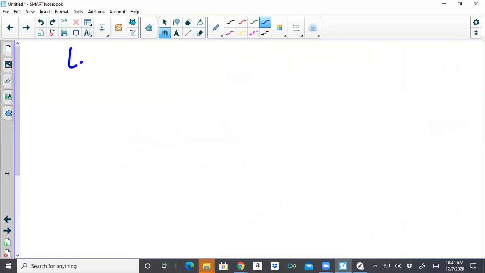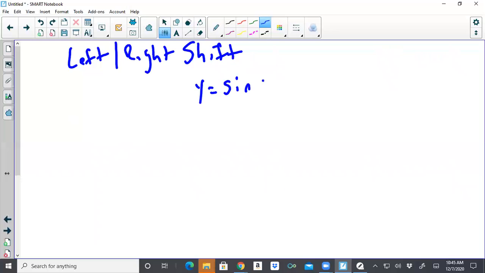So this would be the left-right shift. Now what we have to really pay attention to is if I just have y equals sine of x plus pi over 2. This one is really straightforward because this just means that we are shifting the graph pi over 2 units.